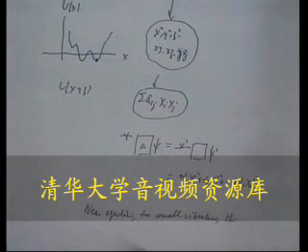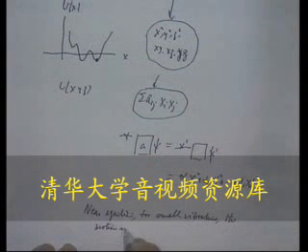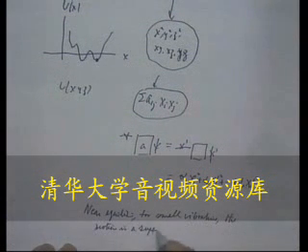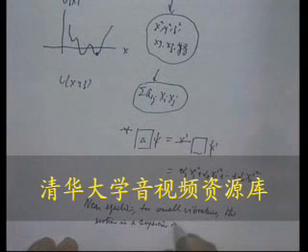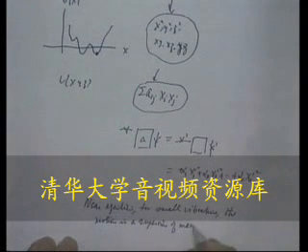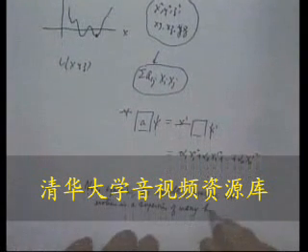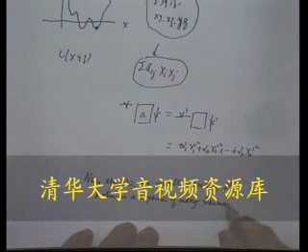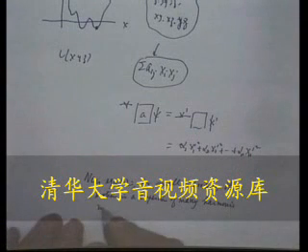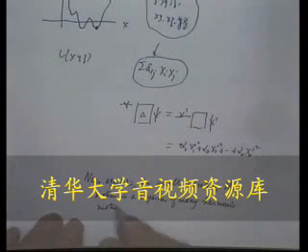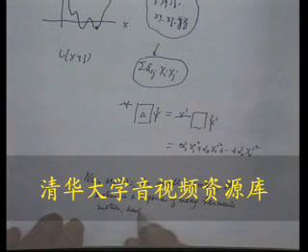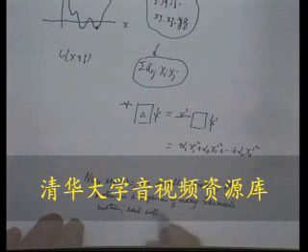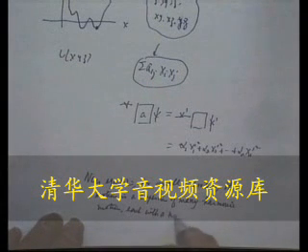the motion is a superposition of many harmonic oscillators, of many harmonic motions, each with a natural frequency.